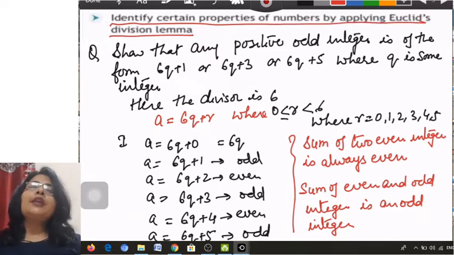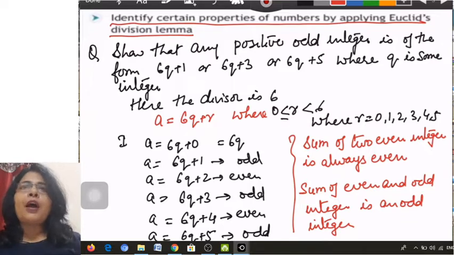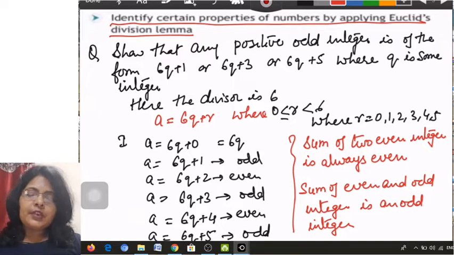Look into your NCERT Exercise 1, where you will find questions number 2, 4 and 5 of this pattern only. The same thing I am going to discuss with you. This is the question: show that any positive integer is of the form 6q plus 1 or 6q plus 3 or 6q plus 5, where q is some integer.